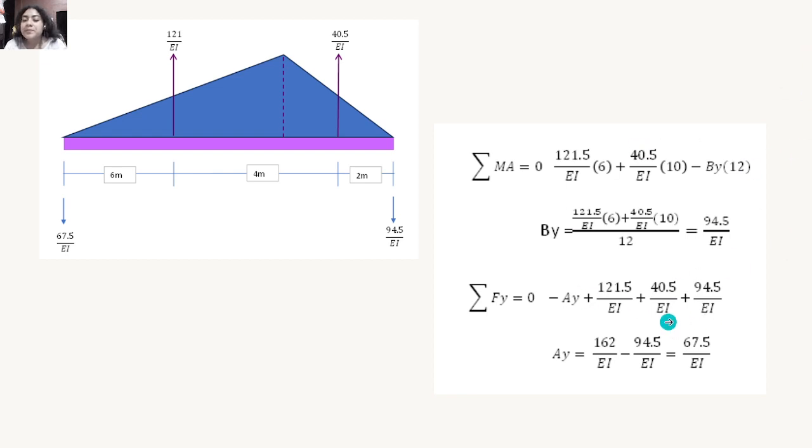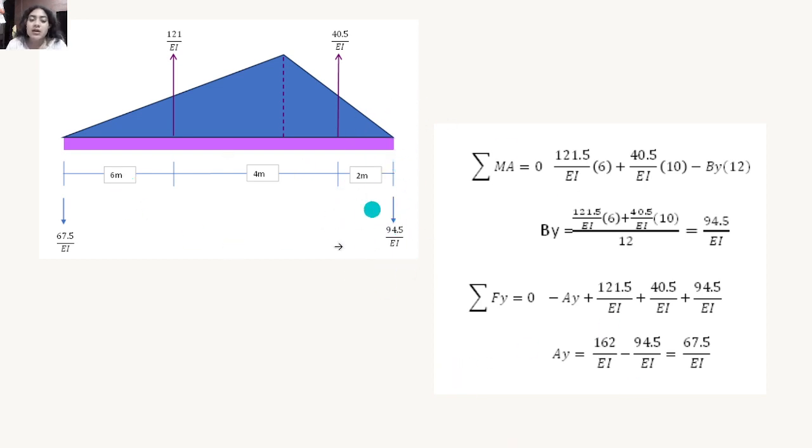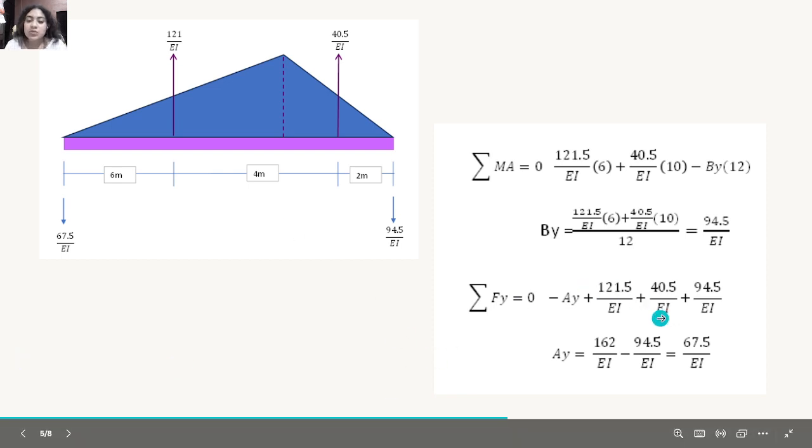And then for my force in Aj, I search this one and this other, and then my summation of forces Fj equals 0, and less my equation.